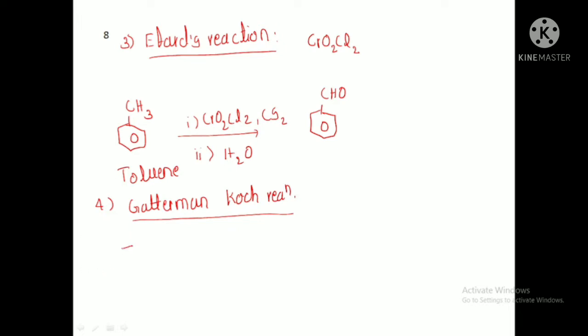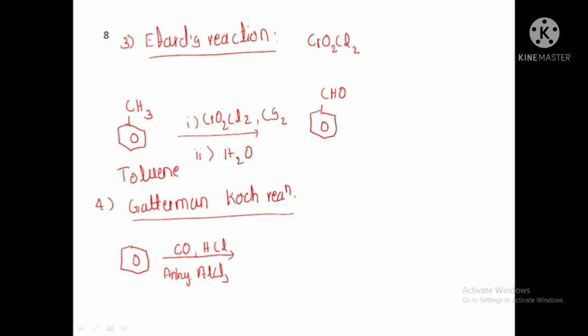Here you will take benzene on reaction with carbon monoxide in the presence of HCl. Benzene reacts with carbon monoxide in the presence of HCl and anhydrous AlCl3. This anhydrous AlCl3 acts as a Lewis acid.